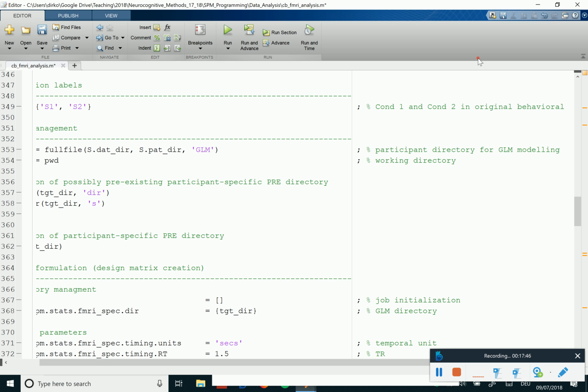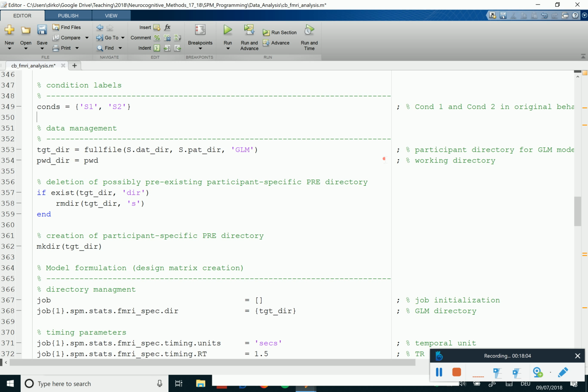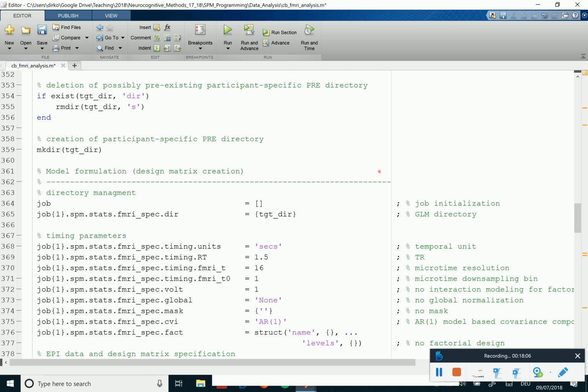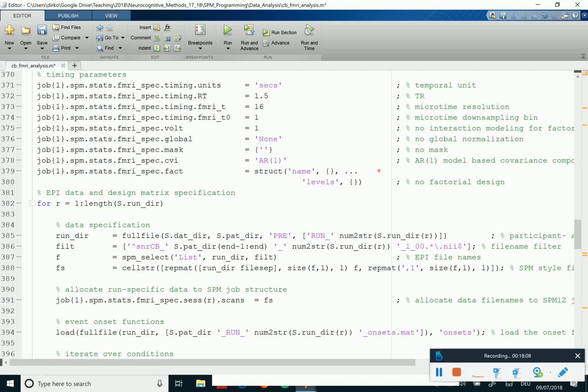I don't care, actually. Let's call them cont1 and cont2. But I think in the EEG they were actually called S1 and S2. Let's leave it like this. It doesn't really matter. I think it should be fairly clear that it's 1 and 2, and these are 2 conditions.